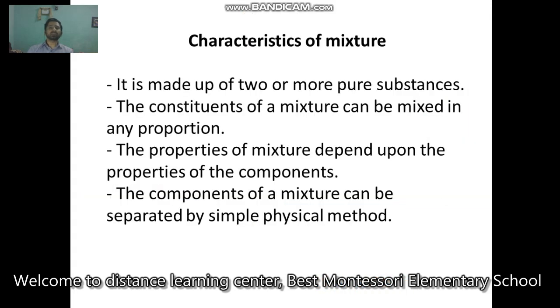Moving on to the characteristics of a mixture. First, it is made up of two or more pure substances. Second, the constituents or components of a mixture, that means the substances which are mixed, may be present in any proportion.